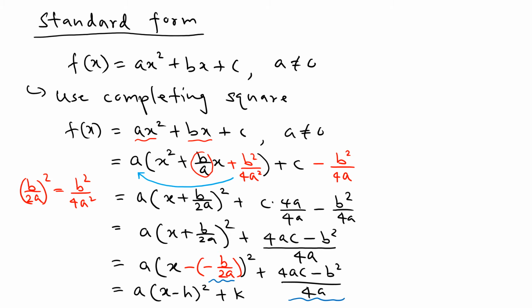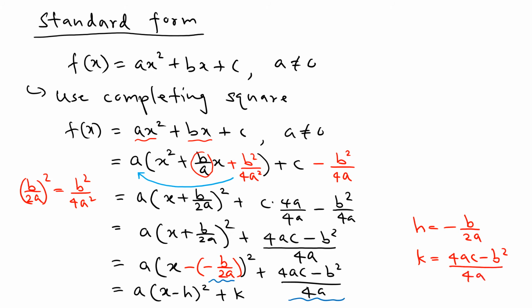So this is what we call the standard form. And so again, what is h? h is simply minus b over 2a. k is simply 4ac minus b squared over 4a.